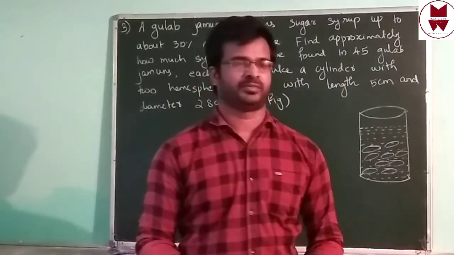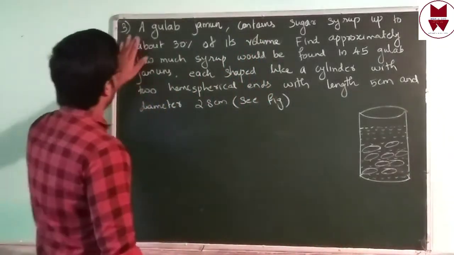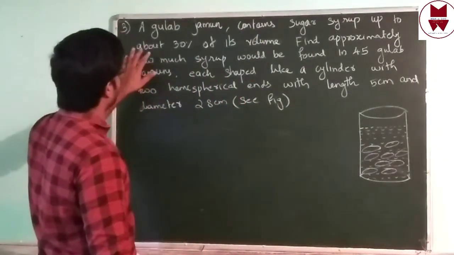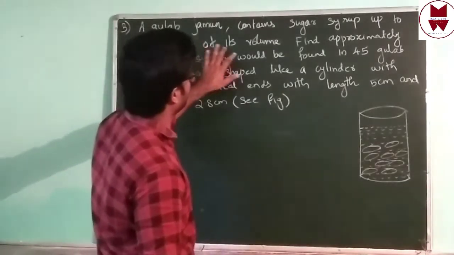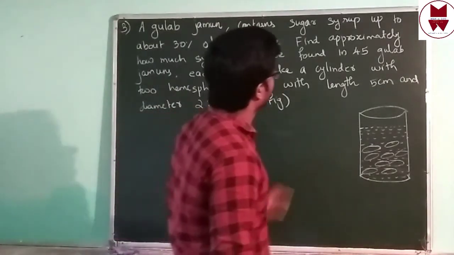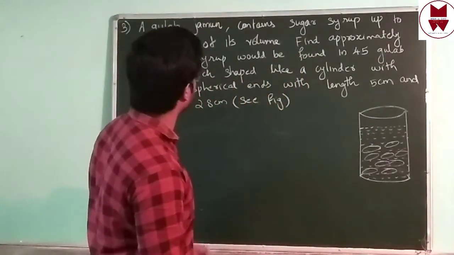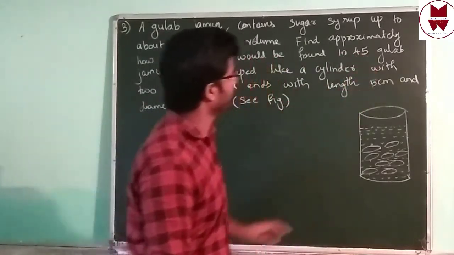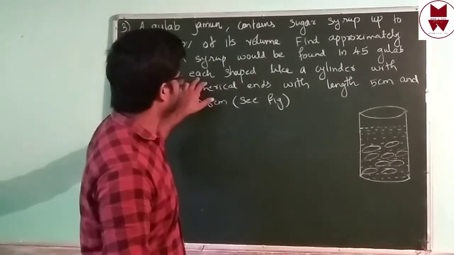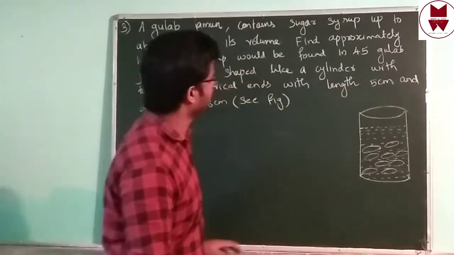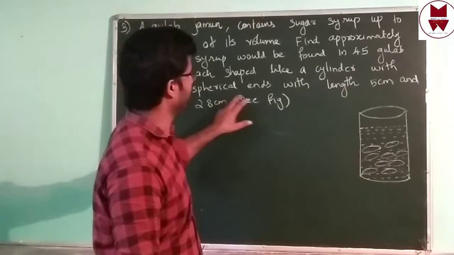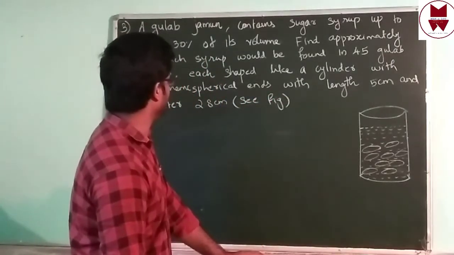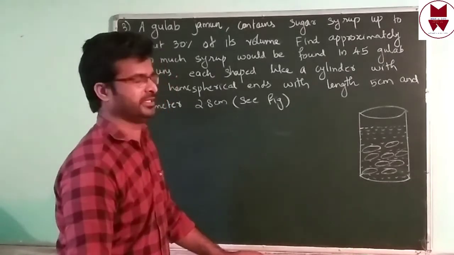Now we can see question number 3. A gulab jamun contains sugar syrup up to about 30% of its volume. Find approximately how much syrup would be found in 45 gulab jamuns, each shaped like a cylinder with two hemispherical ends with length 5 centimeter and diameter 2.8 centimeter.